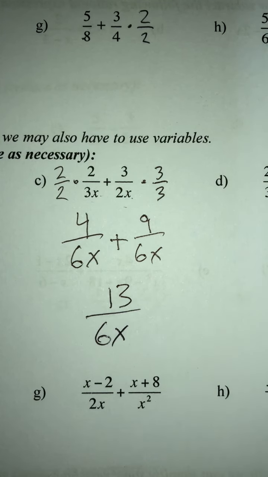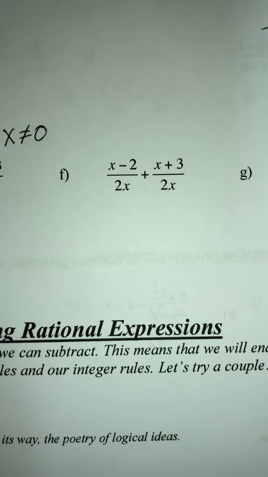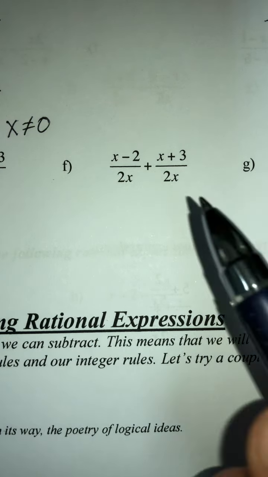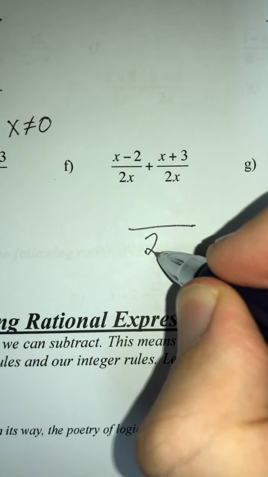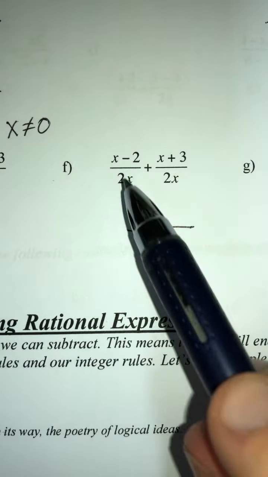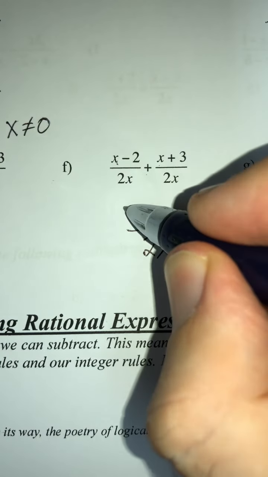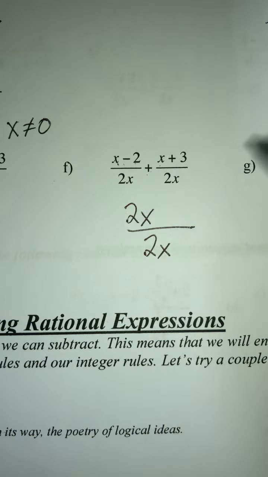Not too bad. But what about if we've got some more complicated numerators? Let's try f. My denominators are the same, but I need to combine what's up top. So all of this is going to go over 2x, and I'm going to have x plus x by combining the like terms, so 2x, minus 2 plus positive 3 gives you plus 1.